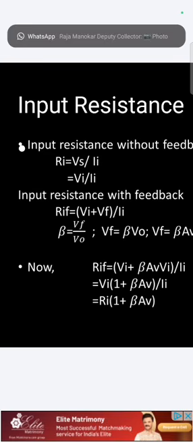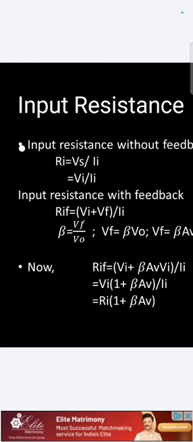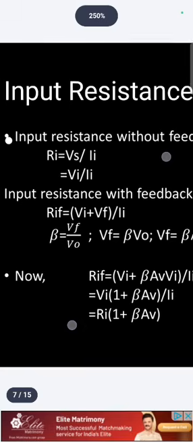Do you understand? For finding the input resistance, first write the basic definition or formula used. Initially we did not use any feedback, so what about your input resistance? And finally we included the feedback amplifier. Now what about the input resistance RIF? If you use the feedback factor and substitute all the things, we get the answer. I think you all understand.